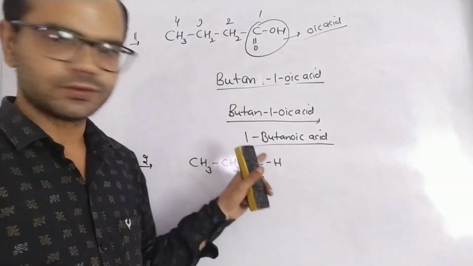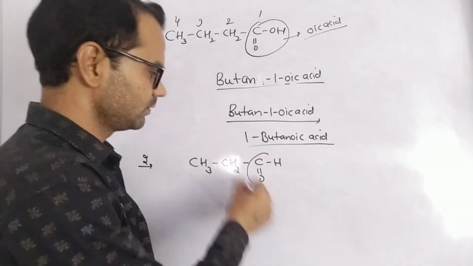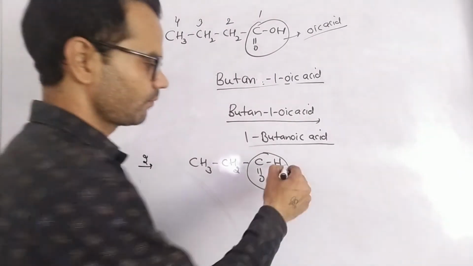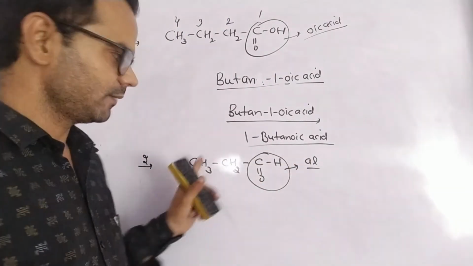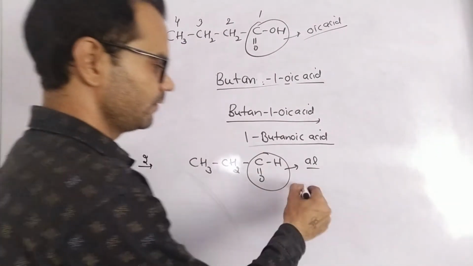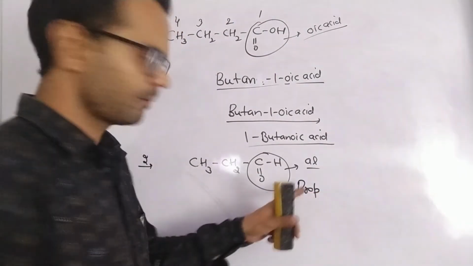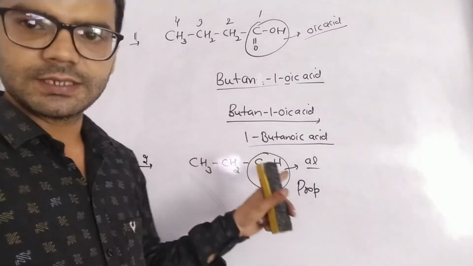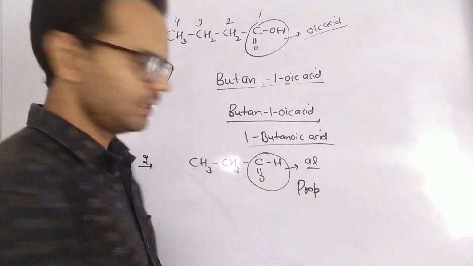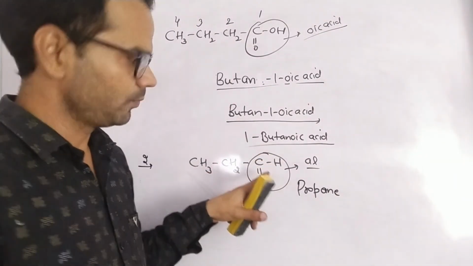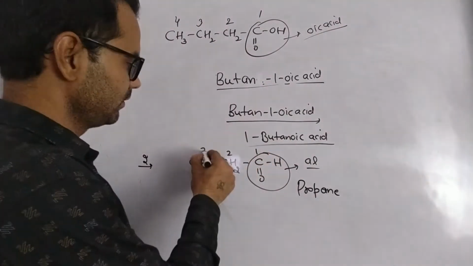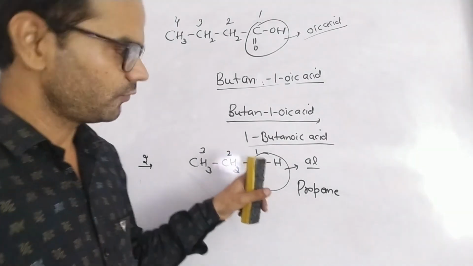Second example is CH3CH2CHO. Again it has a functional group. Its suffix will be al. So count the carbons. I think we have 3 carbons: 1, 2, 3. For 3 carbons we have the word prop. Carbon-carbon single bonds, so primary suffix is ane, and this is again a carbon containing group, so this carbon will be carbon 1.